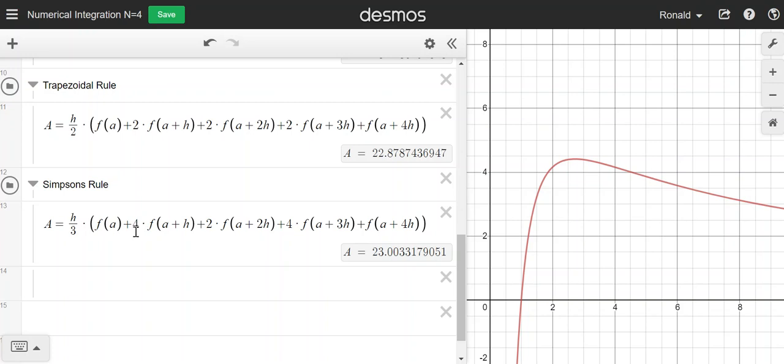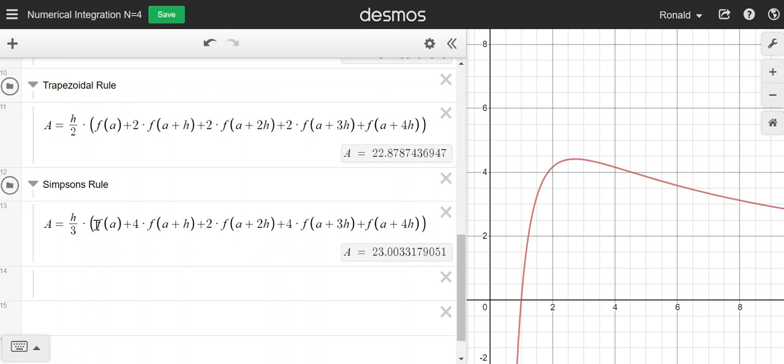The second term is 4 times f of a plus h, plus 2 times f of a plus 2h, 4 again times f of a plus 3h, and then no coefficient f of a plus 4h. So each term is successively one value of h greater, a plus 1h, a plus 2h, a plus 3h, a plus 4h. Now, there is a pattern to the 4s and the 2s.